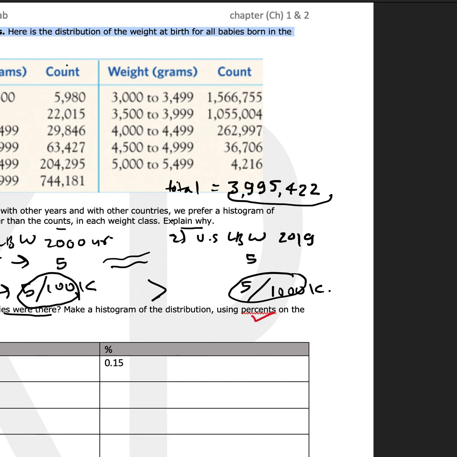For the first category as an example, less than 500, the percentage should be 5980 divided by the total number 3995422, times 100.